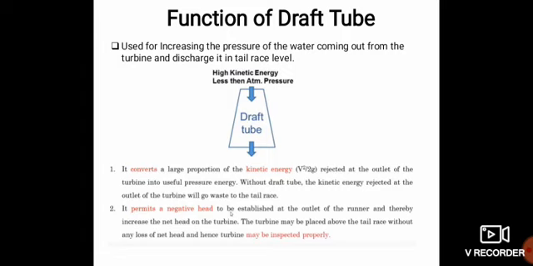So it converts a large portion of kinetic energy. As we know, at the outlet the kinetic energy of water is maximum, and the turbine has already used the pressure energy.